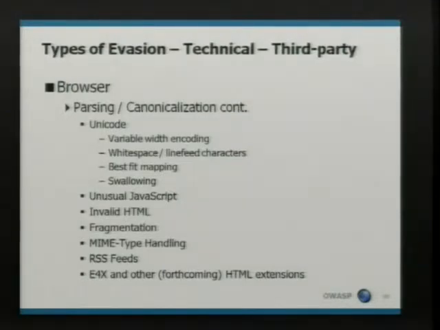So, and it's going on, especially if you're dealing with different kinds of character sets. We have variable width encoding, white spaces, and line feed characters that are also interesting. Is somebody using Firefox here? Maybe you saw that Firefox released a new version today.